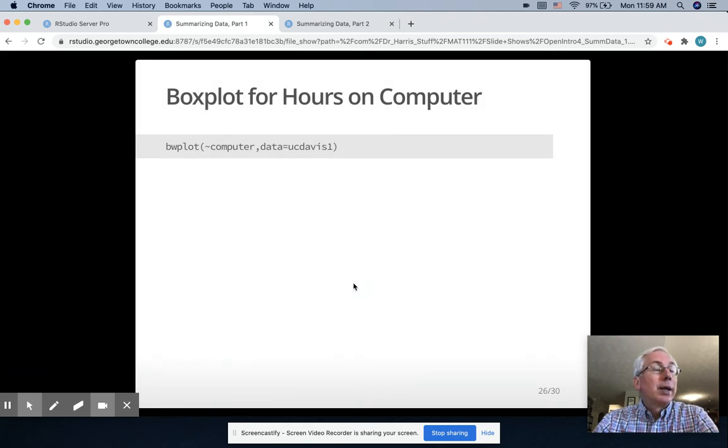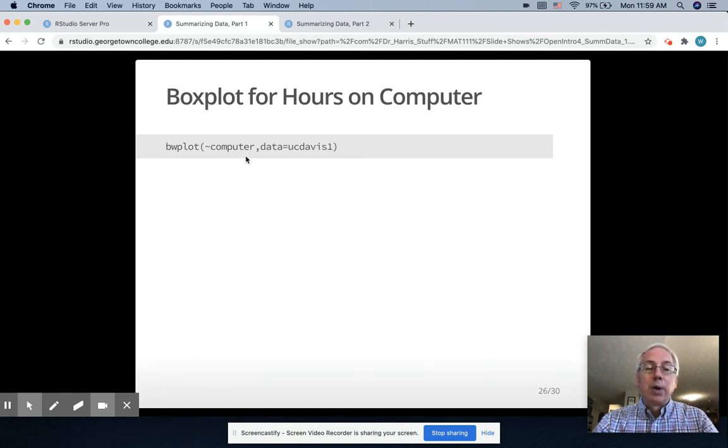So let's take a look at how we can graphically represent the 5-number summary. And we get something called a box plot. And the command for us in RStudio is bwplot. And I'll tell you in a minute what the W stands for. But the command is not boxplot, it's bwplot.